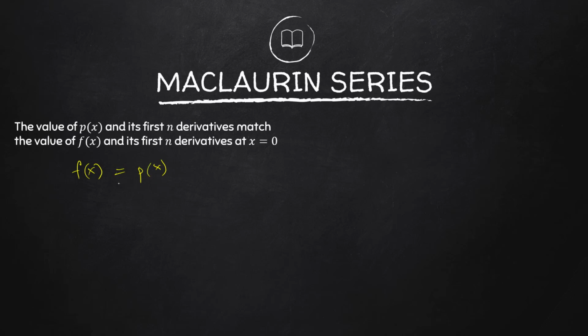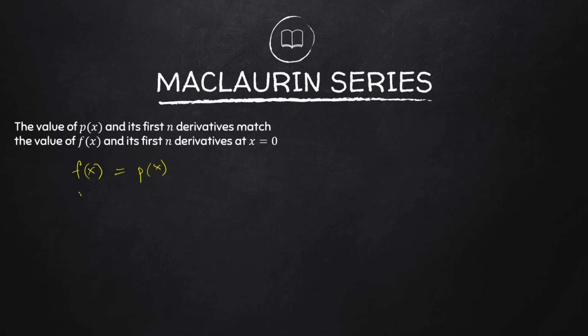We use equal because it is approximately equal. So, for simplification, let's just take them as equal. But in reality, this is just an approximation. First n derivatives match the values of f of x and its first n derivatives.